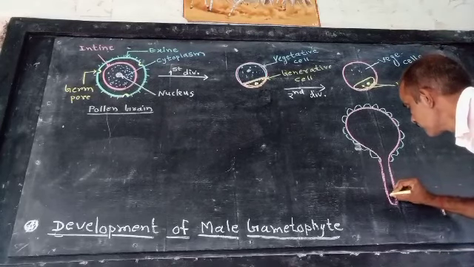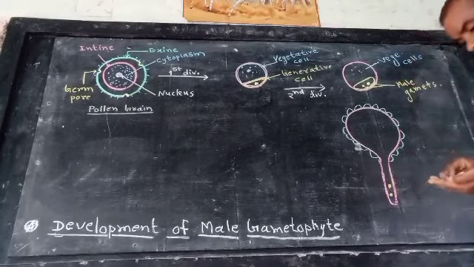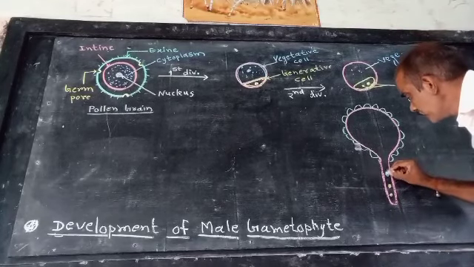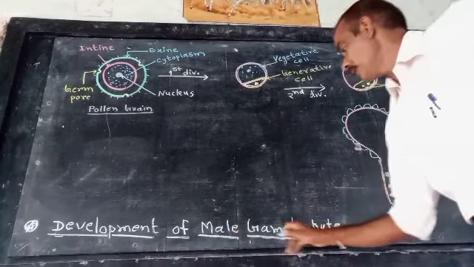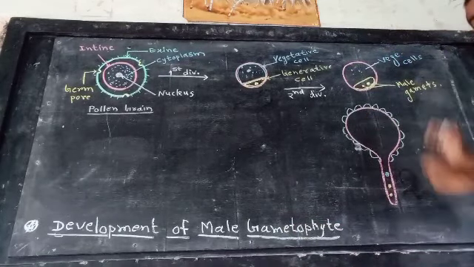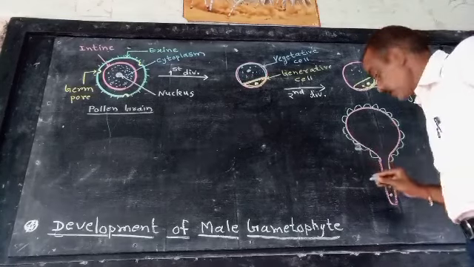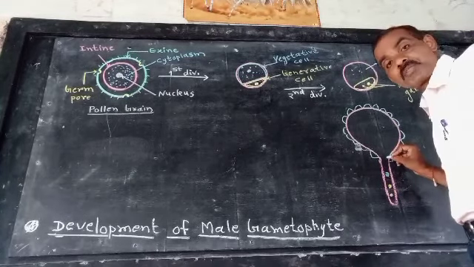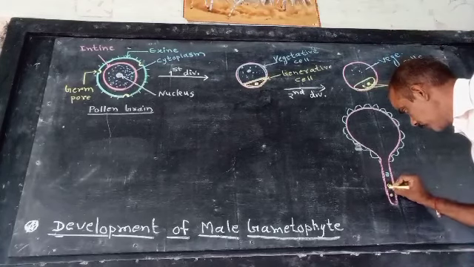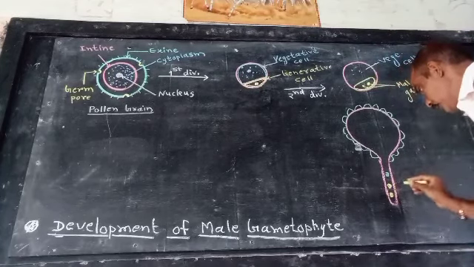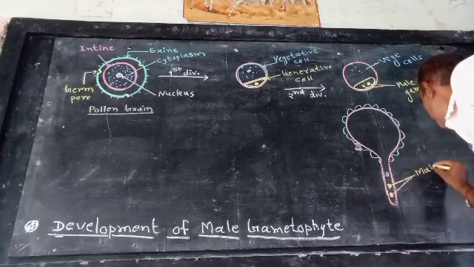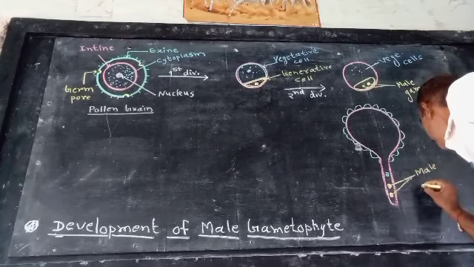What does the pollen tube contain? It contains two male gametes and one tube nucleus, and that is called the male gametophyte. What is male gametophyte? Pollen grain having a pollen tube containing two male gametes and one tube nucleus, that is called male gametophyte.